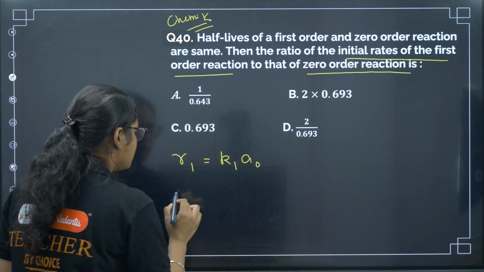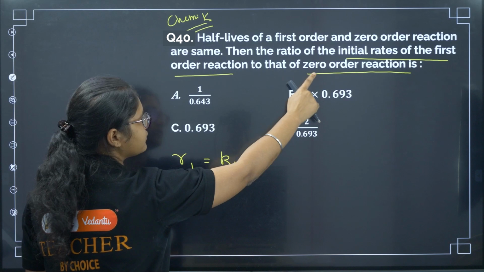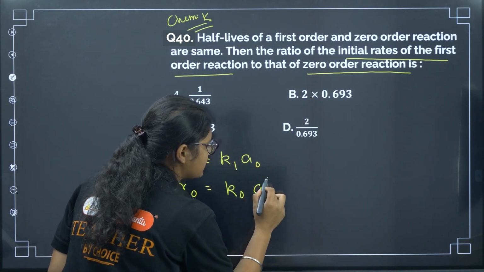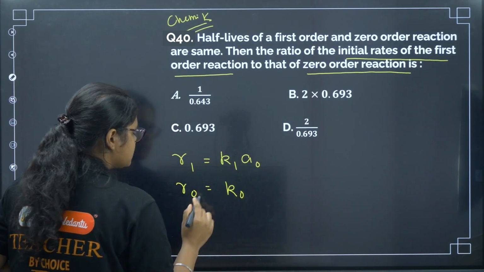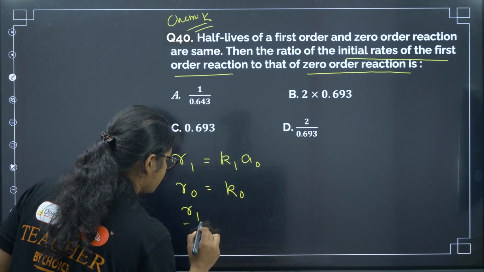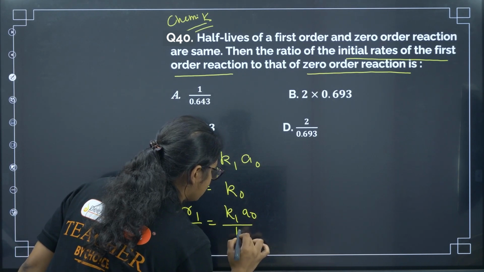Now R0, because we need the ratio of first order to zeroth order, will be K0 into A0 to the power of 0, that will become 1, so we will not mention it. So R1 by R0 is equal to K1 A0 by K0.